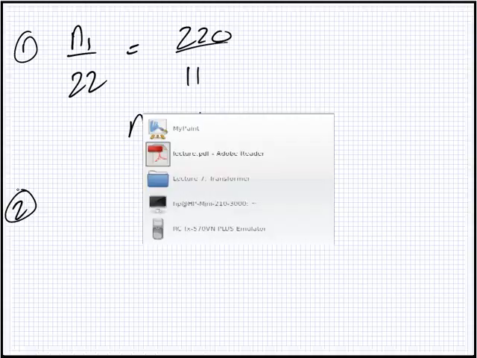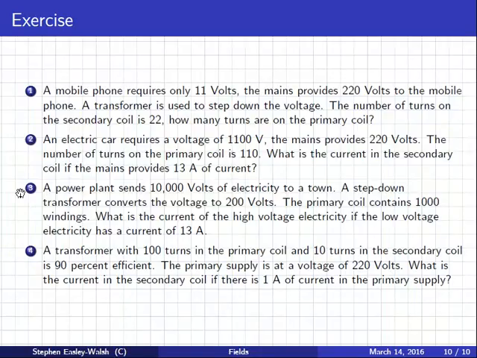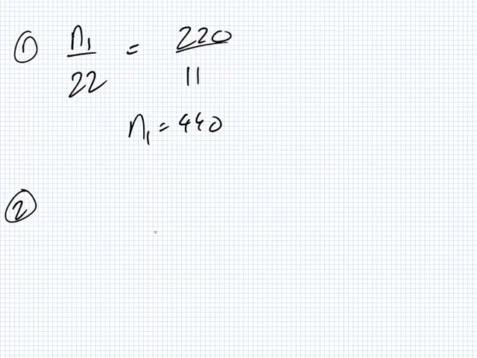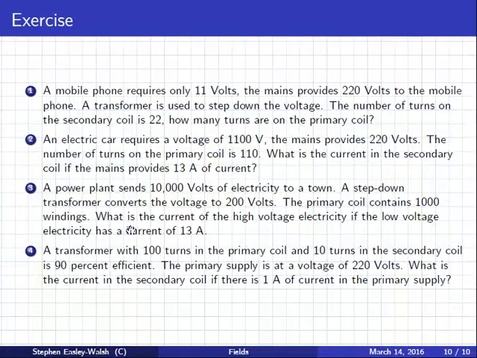2. An electric car requires 1,100 volts. The mains provides 220 volts. The number of turns on the primary coil is 110. What is the current in the secondary coil if the mains provides 13 amps?